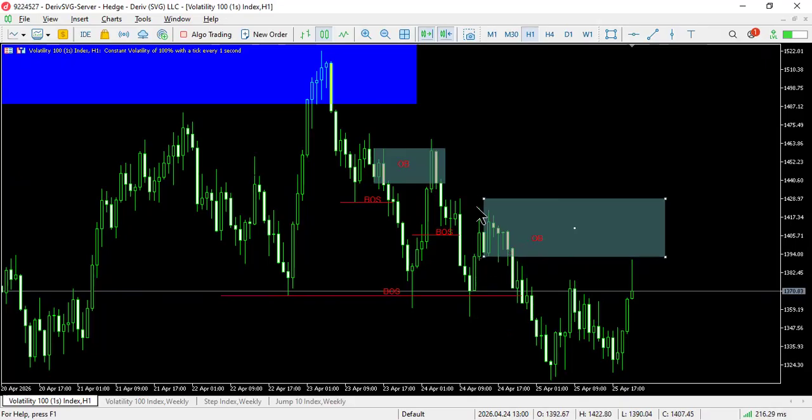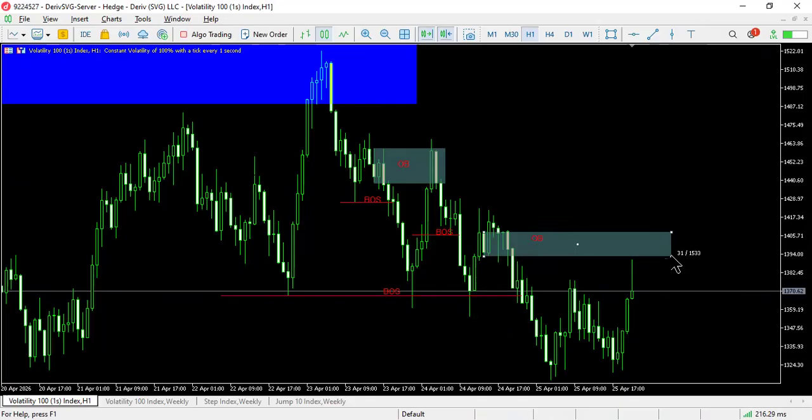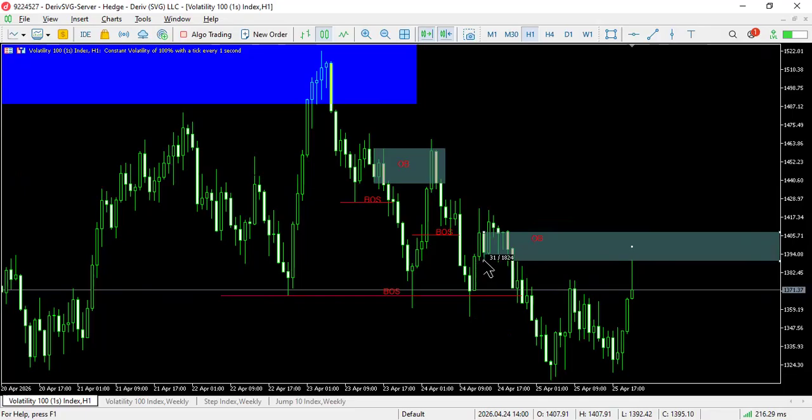It is that order block right there, which price tapped in from our entry time frame. You can see price just missed our entry. It's yet to go to that order block.